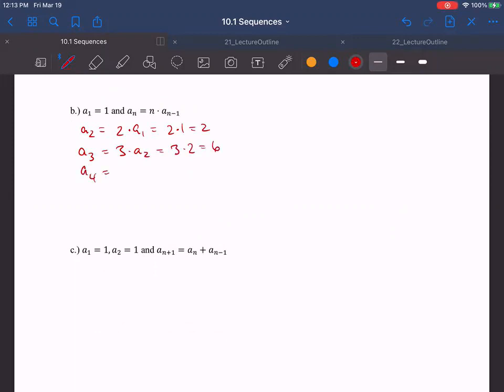A4. And then the last one, A5. Okay. You can keep going from there, but they just wanted the first 5.